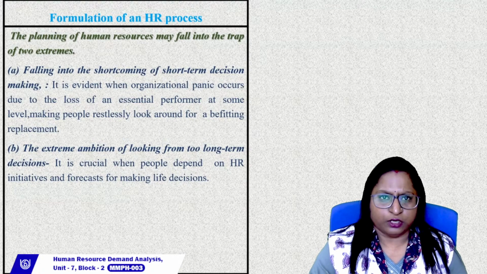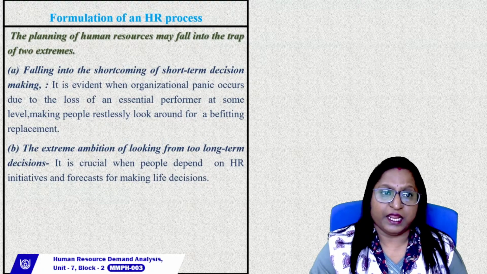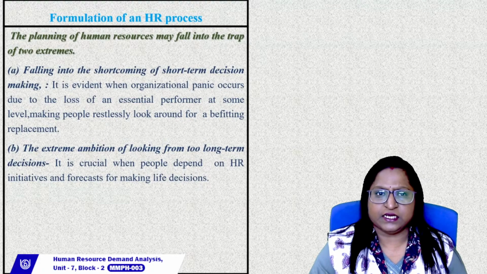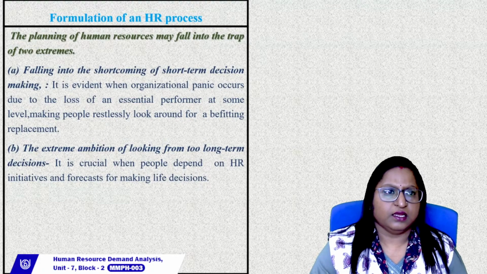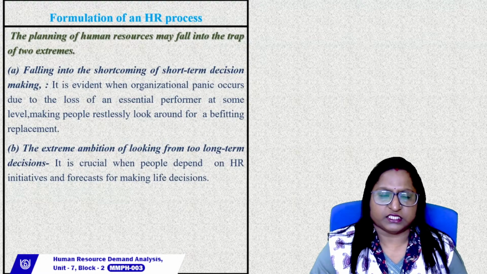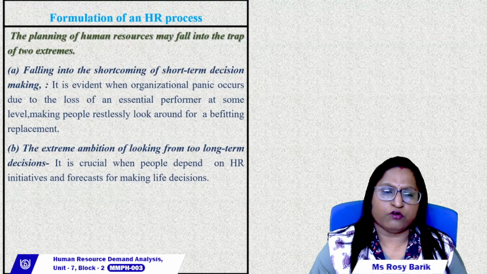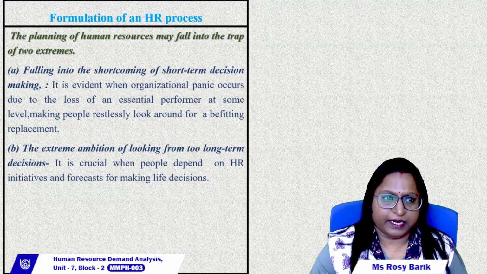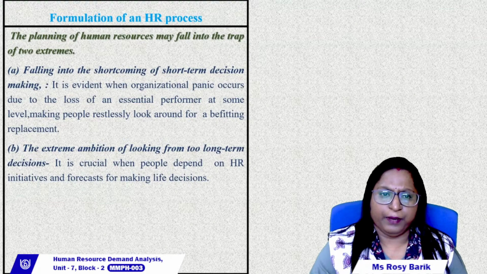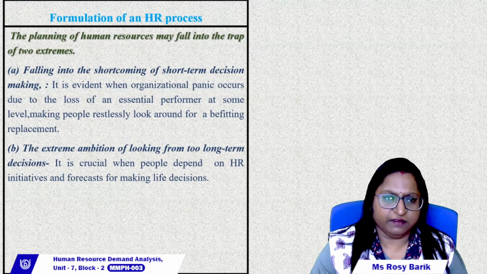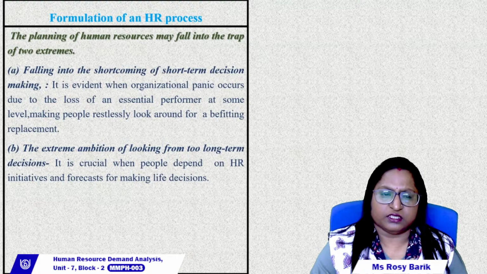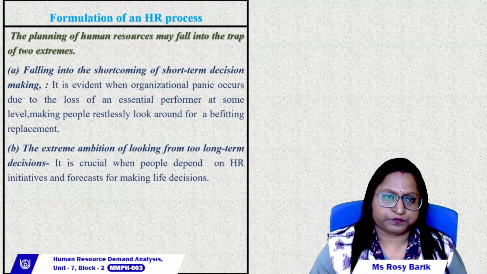Short term decision making is evident when organizational planning occurs due to the loss of an essential parameter at some level, making people restlessly look forward to the benefit of the replacement. Long term decision making is crucial when people depend on HR initiatives and forecasts for life decisions.